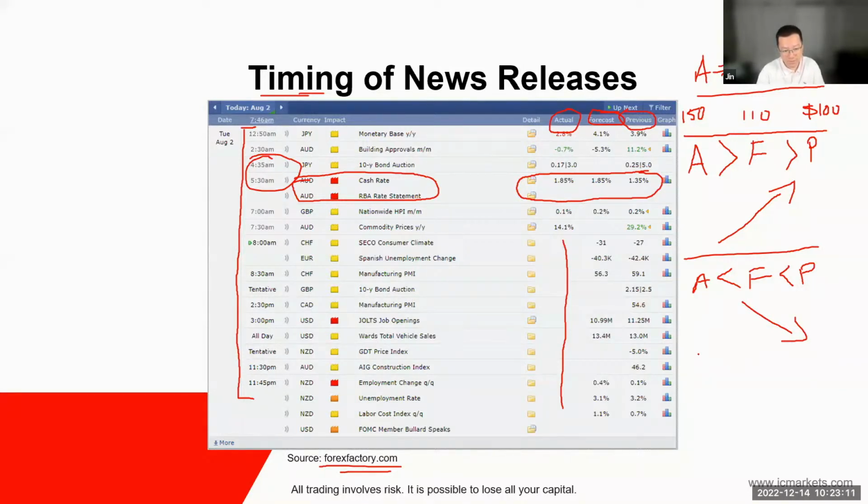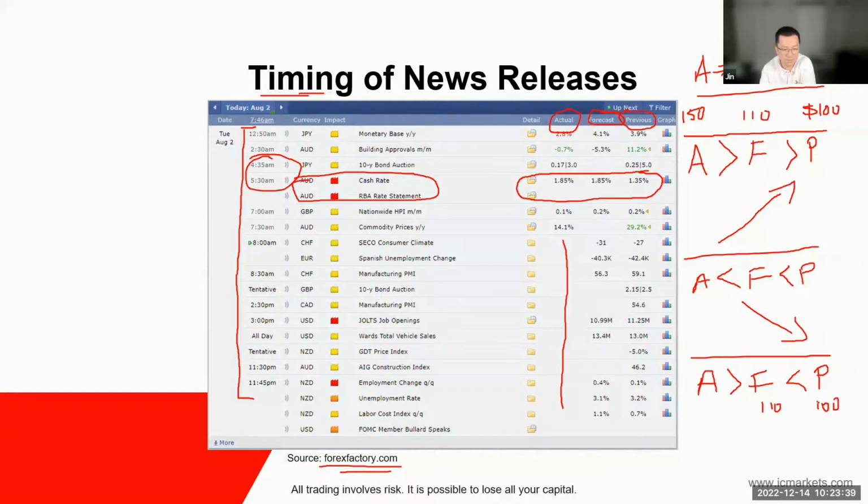Now, let's say on the last scenario that your actual is greater than your forecast, but smaller than your previous. What do you think is going to happen there? So just think about it. If you had $100, you're expecting 110, but you got... well, how does that work?